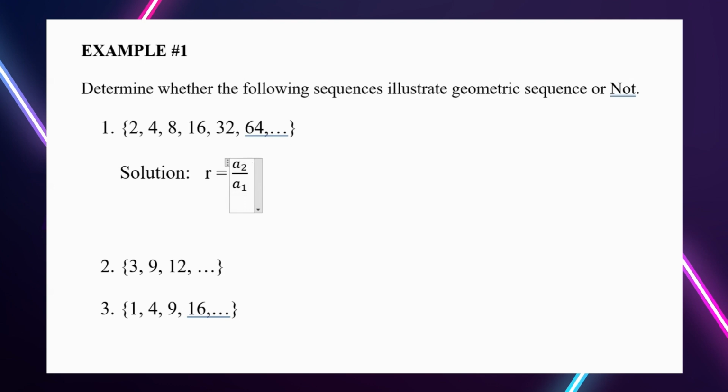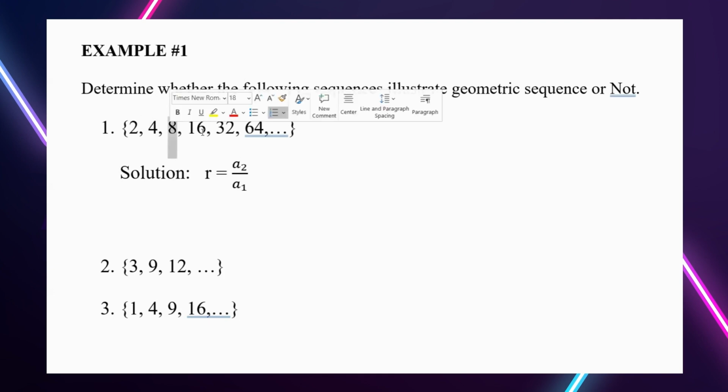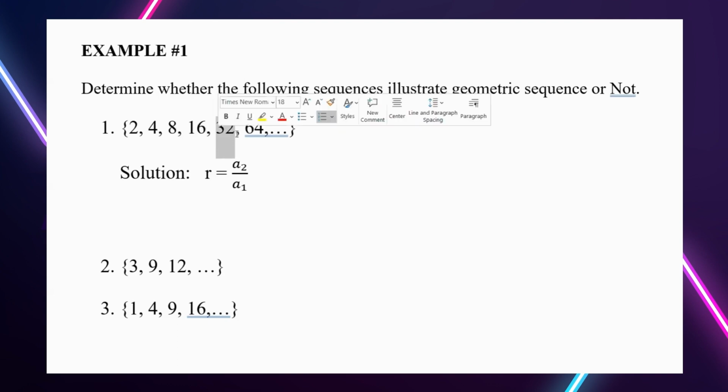So, ang ating first term, ang a sub 1 natin ay 2, a sub 2 is 4, a sub 3 is 8, a sub 4 is 16, a sub 5 is 32, and a sub 6 is 64.